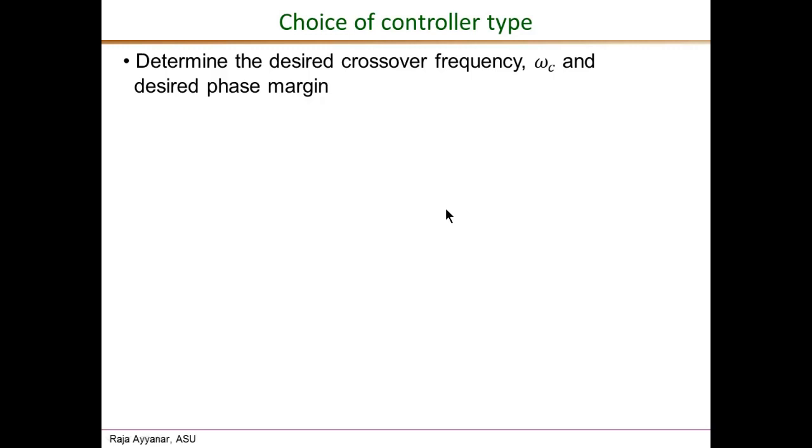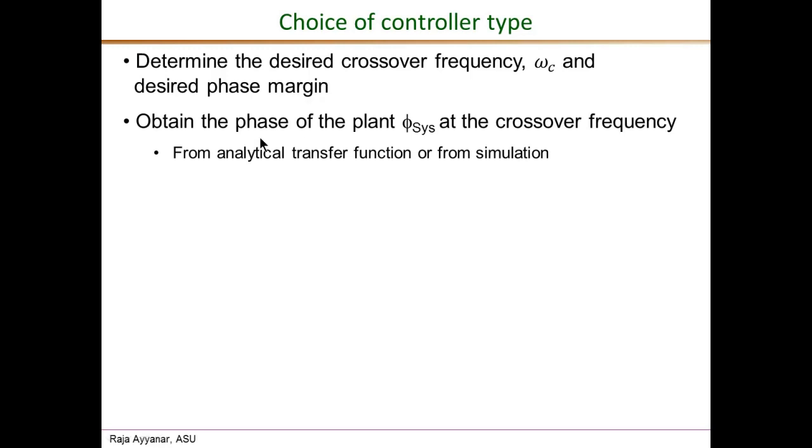We know that the starting point of any design is to decide on the desired crossover frequency omega c and the required phase margin. Once we have that, we can go ahead and determine the phase of the plant. This is everything except the controller, which we have not yet designed. We define that as phi sys, and we need to determine this phase at the crossover frequency that we have chosen.